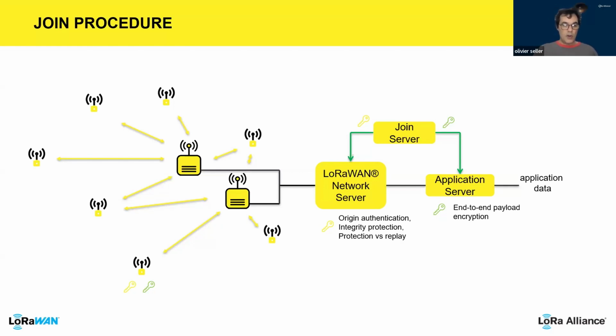And the network server will use the key for protecting the good operation of the network. So making sure that the frames are legitimate, that they come from end devices on the network, verifying that the frames have not been modified, so this is integrity protection, and verifying that the frames have not been replayed. This is protection against replay.